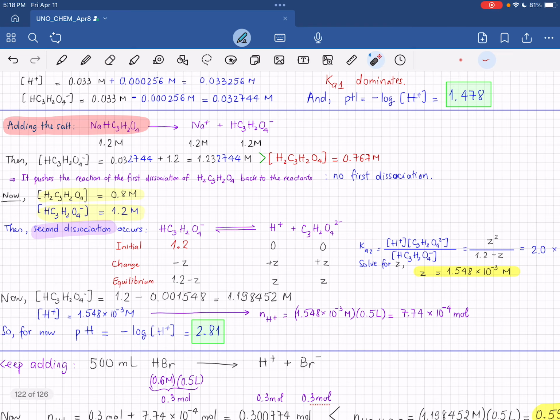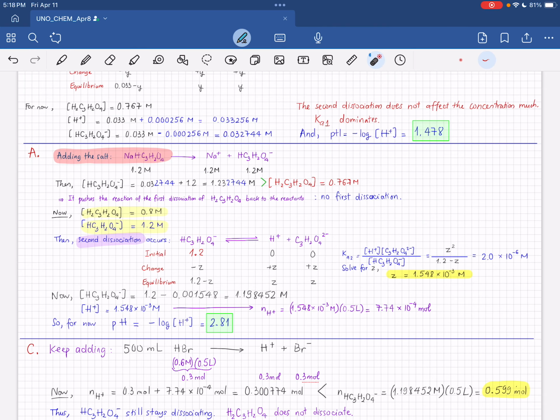Then again, just solve the quadratic equation here. You can find Z, and Z will be the concentration of the hydrogen ion as well as the concentration of the malonate group, and we can also find what is left for the hydrogen malonate, right?